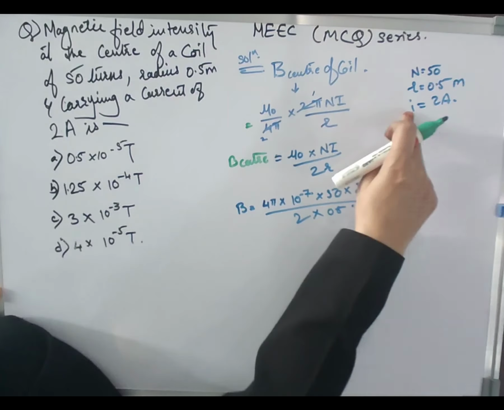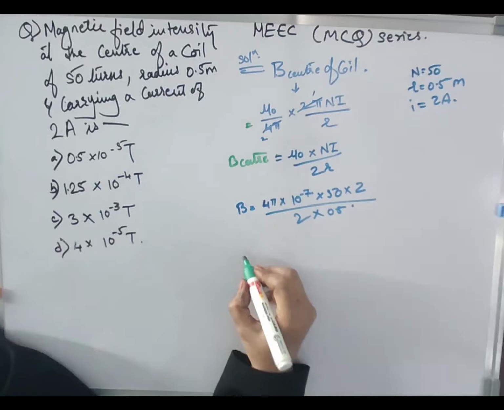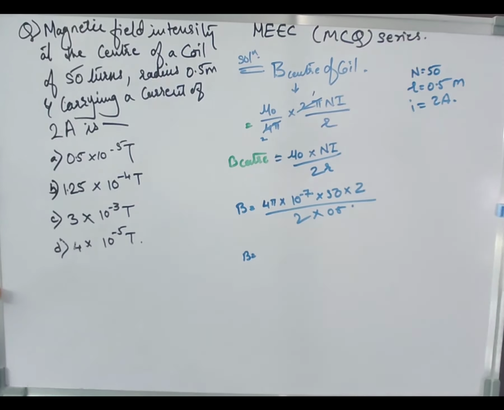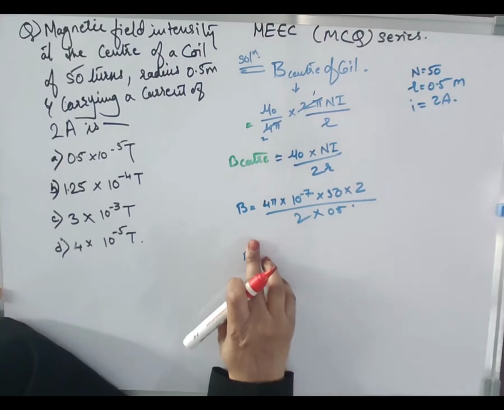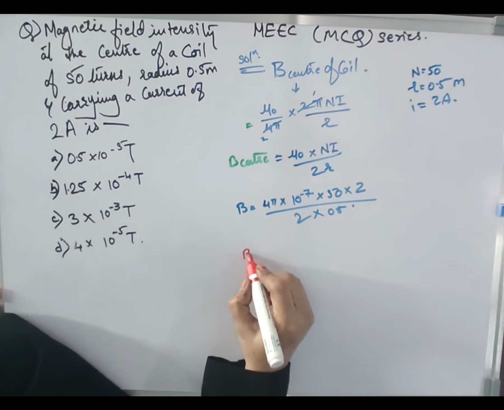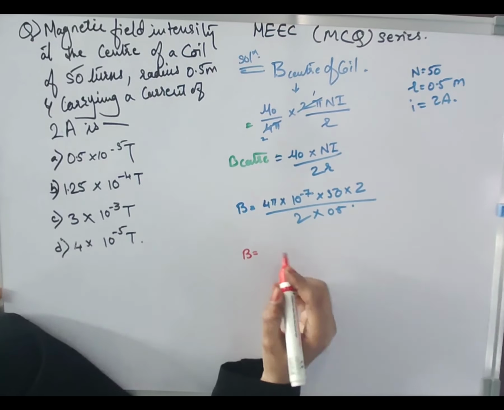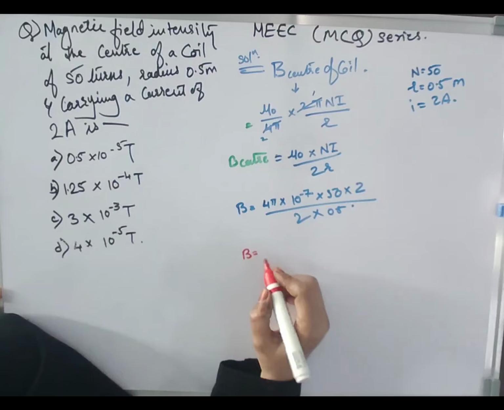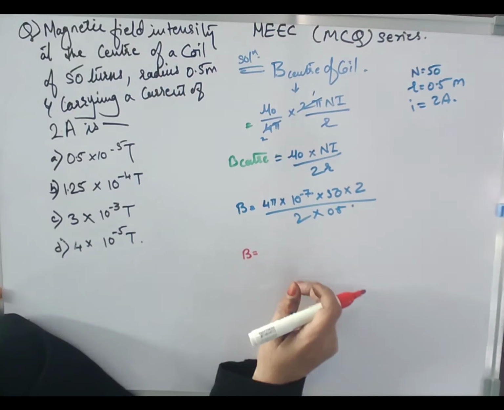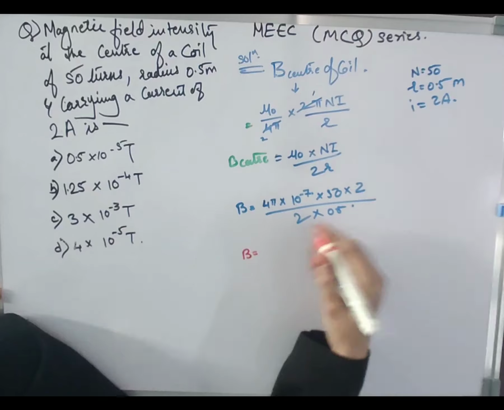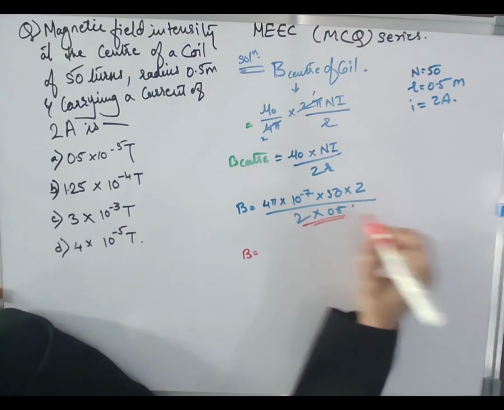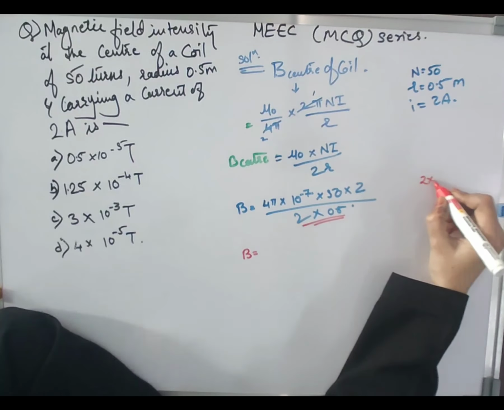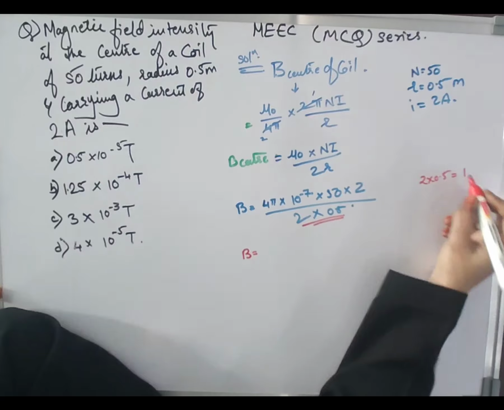Putting all these values in the formula, again B is equal to, calculating these, 2 into 0.5 becomes 1.